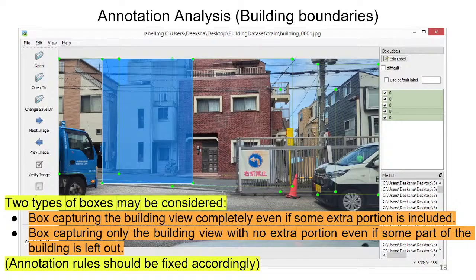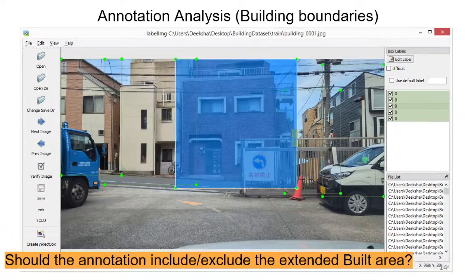In some cases, it may be difficult to cover only a single building in the bounding box. For example, in this case, we may have two types of boxes: either capture the complete building in one box, even when we are covering some part of another building, or capture only one building in one box, even when some part of it is missed. So we need to fix the annotation rules accordingly.